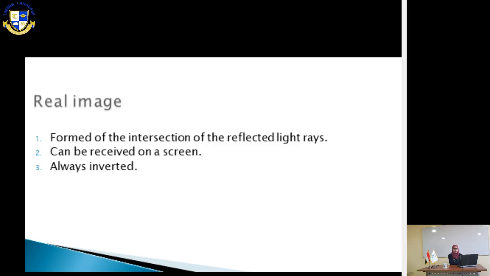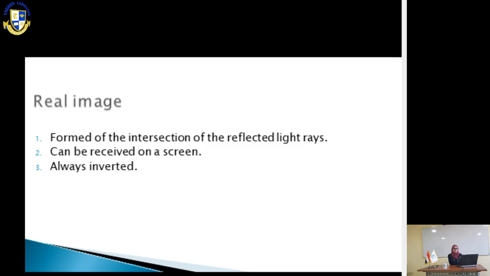The real is always inverted and the virtual is always erect. And the real image can be received on the screen and the virtual can't be received on the screen. So on slide number 25, we can see the real image is always inverted, can be received on the screen, formed by the intersection of the reflected light rays.